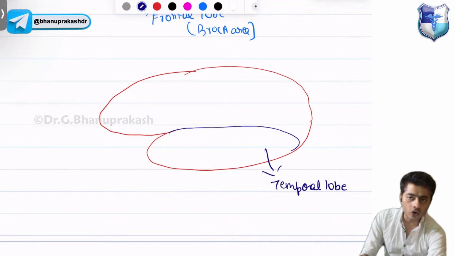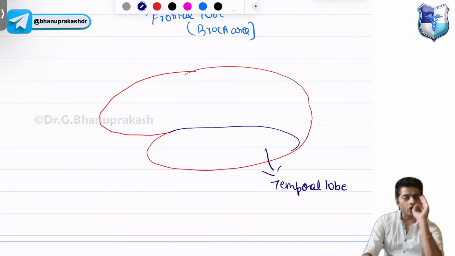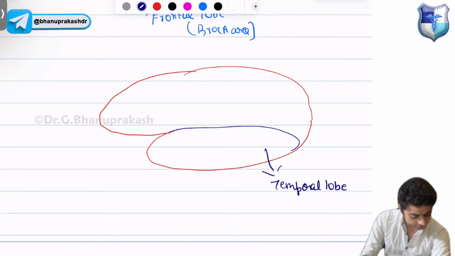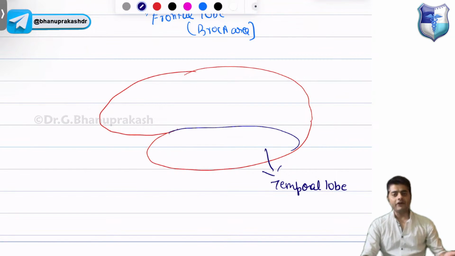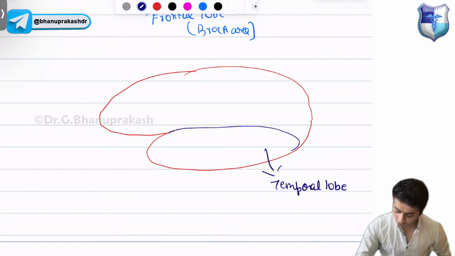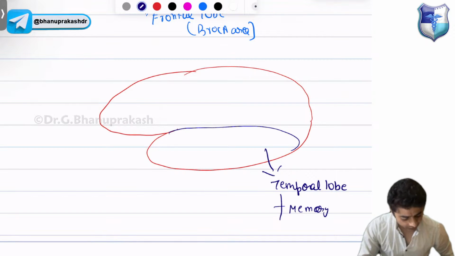Rishali, Sharma, Puneet, Harshita, Priyanka, just tell me. Memory and language. Yes, very good. It is memory and language.